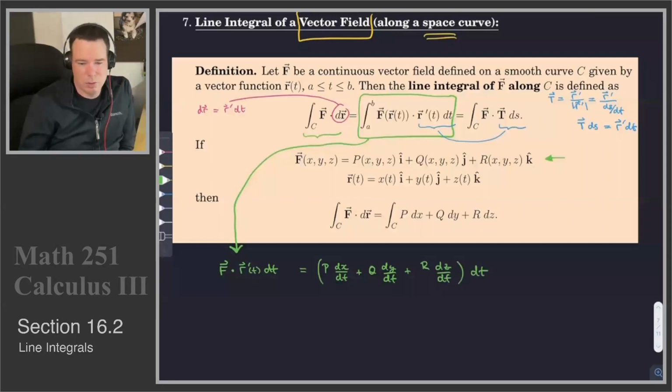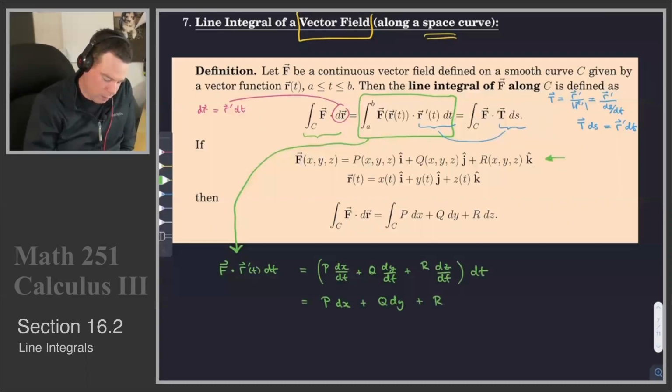So this is just using the fact that f is given by these three scalar functions. And so I can rewrite the integrand in this way. And then just as a bit of shorthand, I can scale through the dt to get rid of the one on the bottom. So I could write my integrand as p dx, q dy, and then r dz.